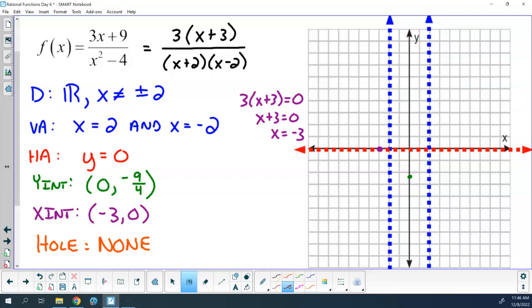Now, just a quick little check, let's do -1 and +1. If I put in -1, I get -3 + 9 is 6. And then -1 squared is 1, minus 4 is -3. So that's -2.